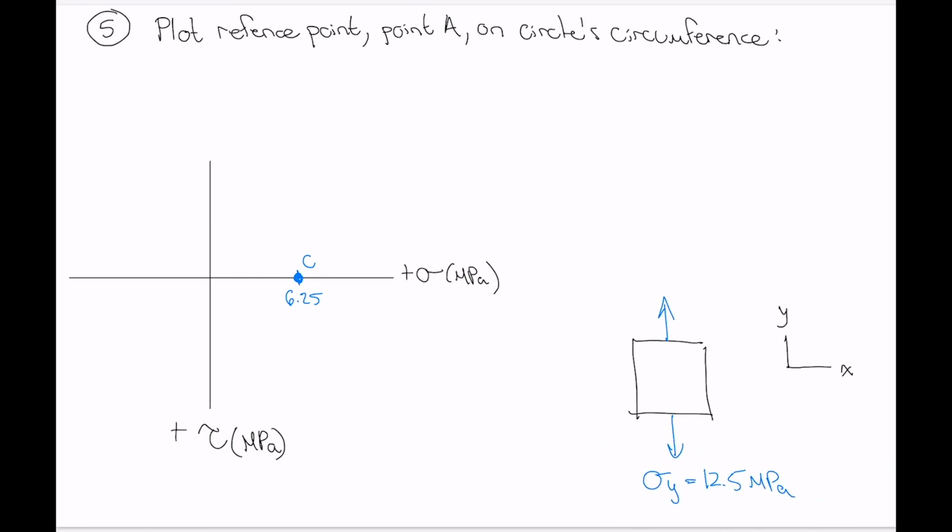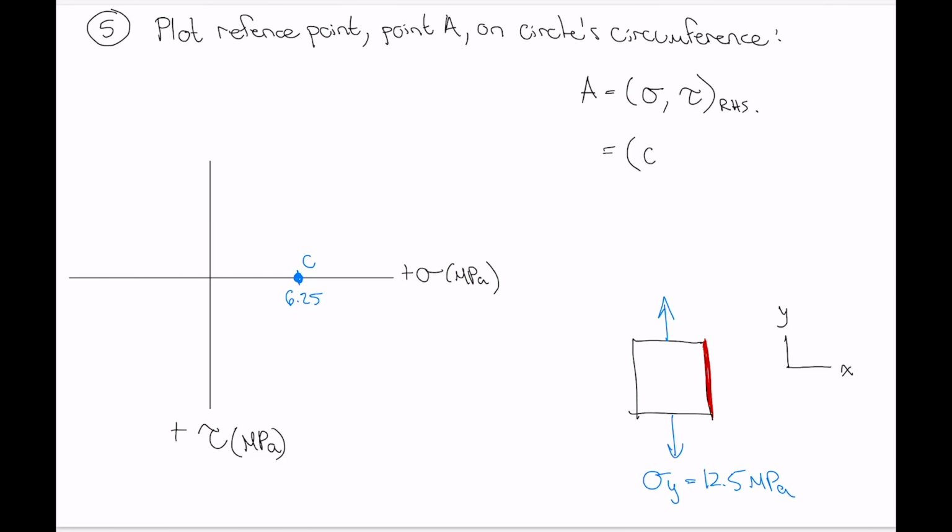Okay, so point A, our reference point on the circle's circumference. Every point on the graph has some coordinate, sigma, comma, tau, but the coordinates of point A are given by the stresses on the element's right-hand side, okay? So what we do is we take our in-plane element, we identify the right-hand side there, and we write in this notation what the stresses are.